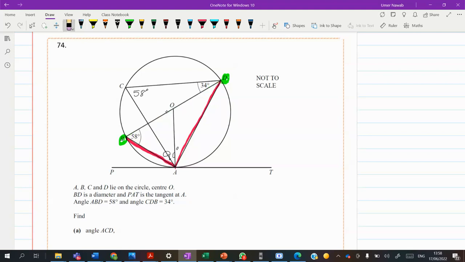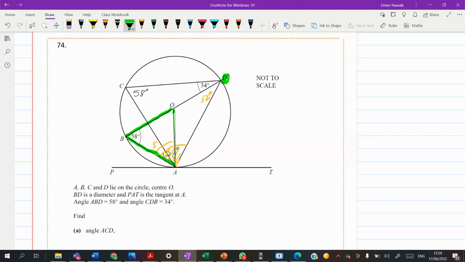So let me erase everything. This is your 90 degrees. I can easily write this angle. That angle comes to me 32. That is 32. Now what else is needed? So this angle is also 58 by using the isosceles triangle, because this is radius.